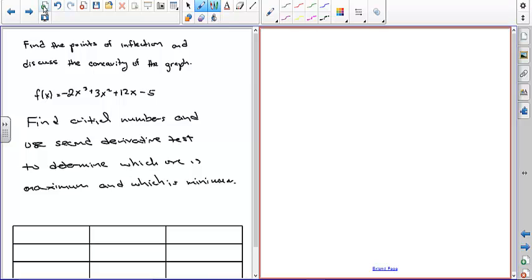And if you can do this, you can do really well in the next test, because I always put a polynomial on there. You might be able to factor it for the critical numbers. Just looking at it, you might not have to use the quadratic equation.